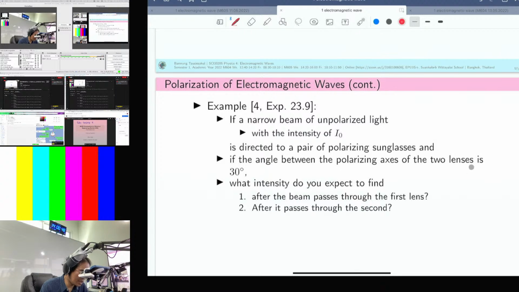If the angle between the polarizing axes of the two lenses is 30 degrees, let's see what intensity you expect to find after the beam passes through the first lens and after it passes through the second lens.